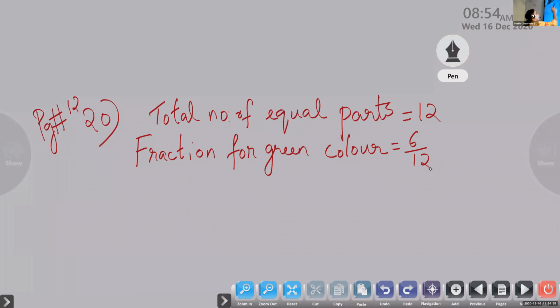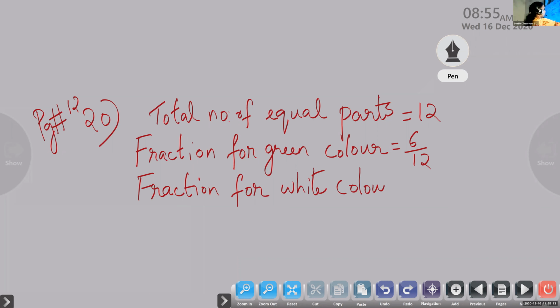Fraction for white color. How many white parts? 2. 2 by 12.